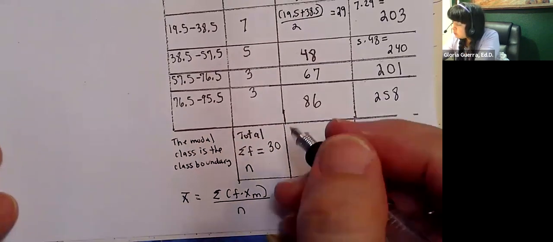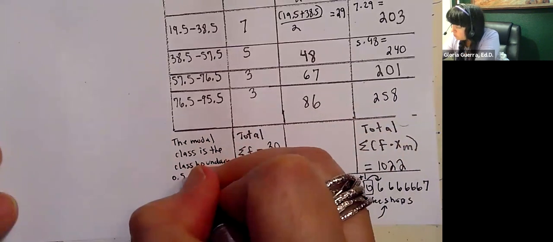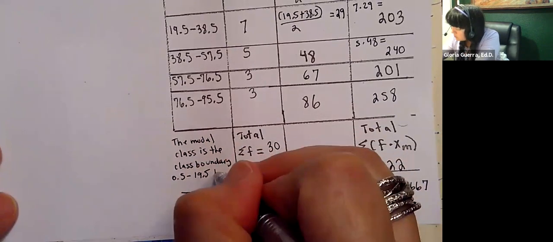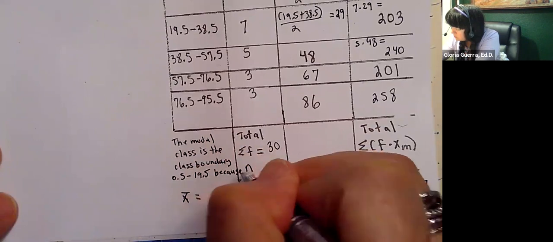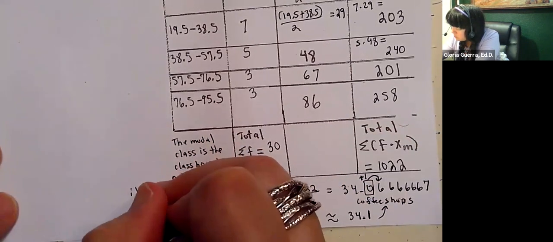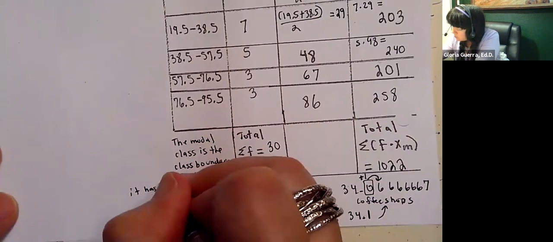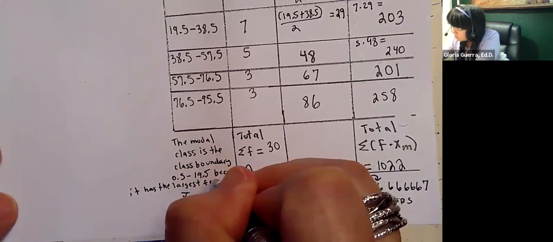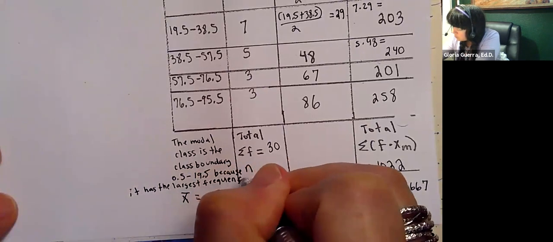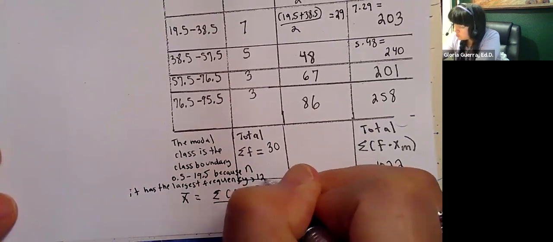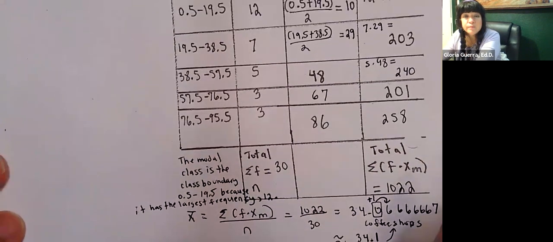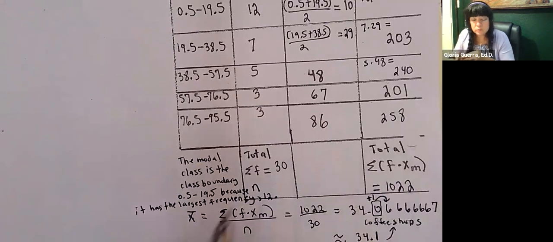It was 0.5 to 19.5. And it's because it has the largest frequency, which was 12. Okay, so that shows that.